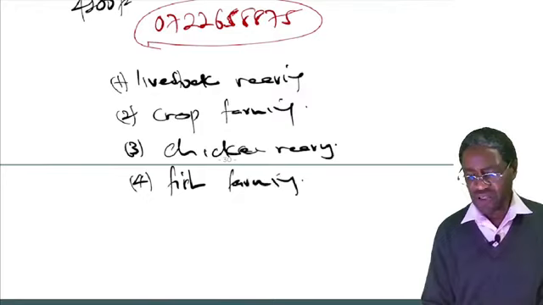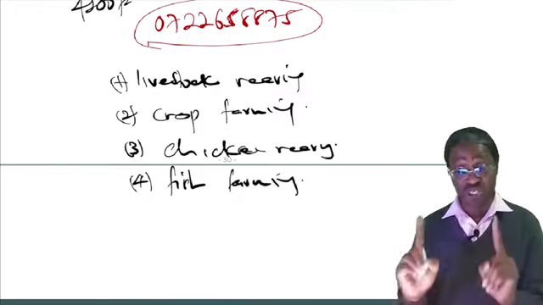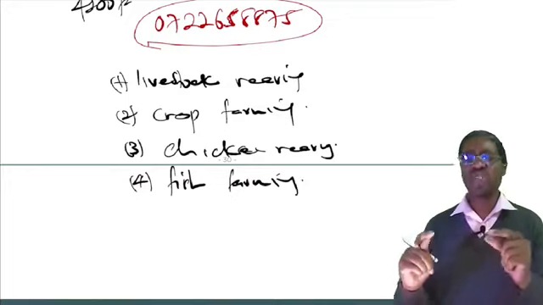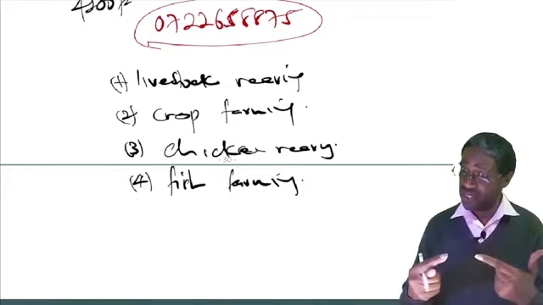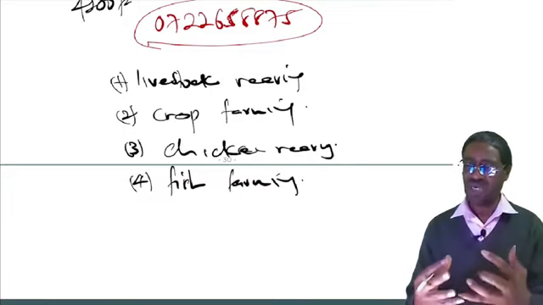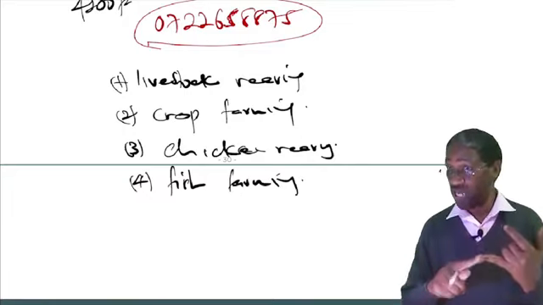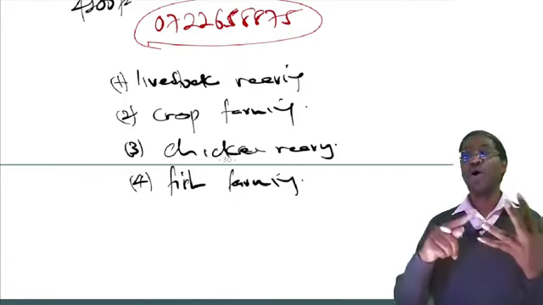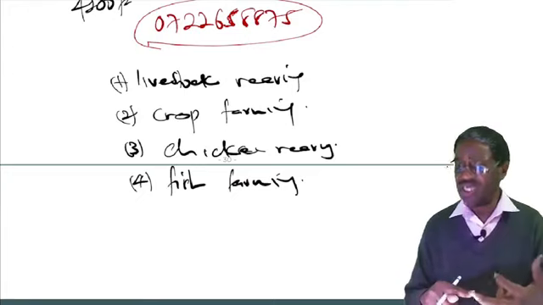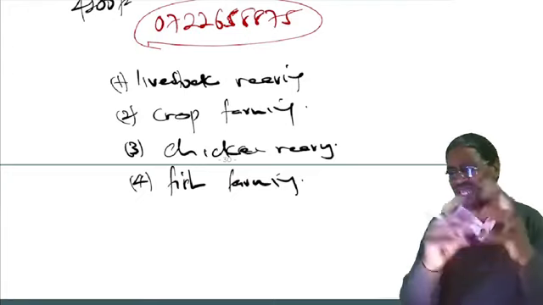So for purposes of preparing financial statements, you as an enterprise which undertakes agricultural activities are required to classify your activities as livestock rearing, crop farming, chicken rearing, or fish farming. These are like our departments.